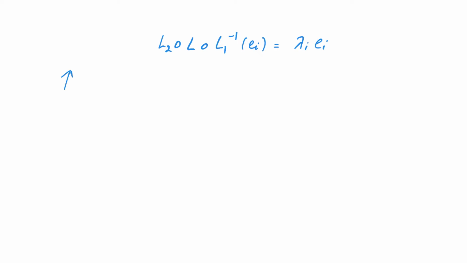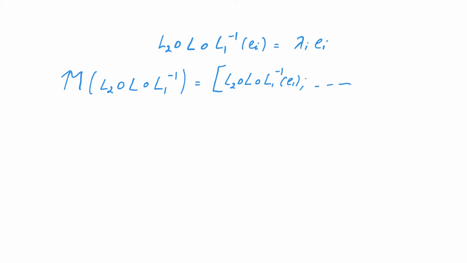And the matrix of L2 composed with L composed with L1 inverse has as its columns L2 composed with L composed with L1 inverse of E1, L2 composed with L composed with L1 inverse of E2, and so on up to L2 composed with L composed with L1 inverse of En.